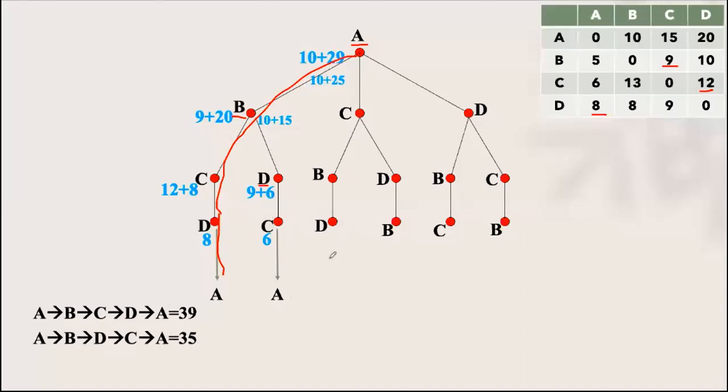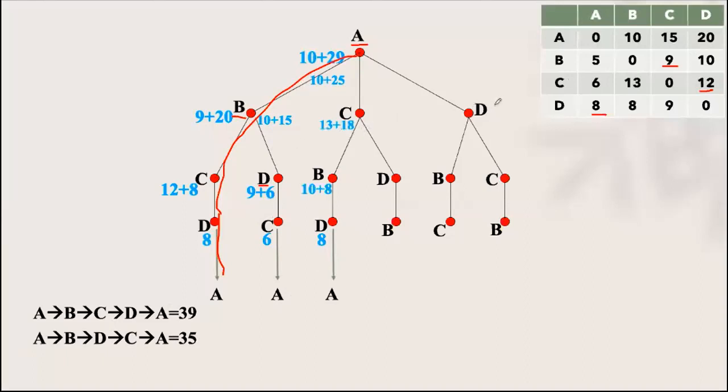Next, D to A, again, it has to reach A. So D to A cost is 8. Next, B to D is 10. 10 plus 8. C to B. C to B is 13. 13 plus 18 is 31.